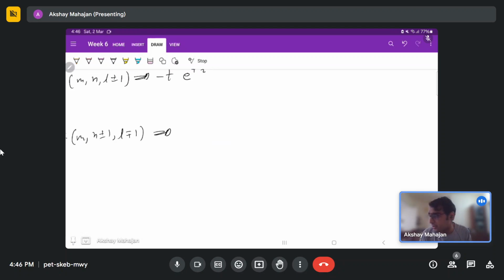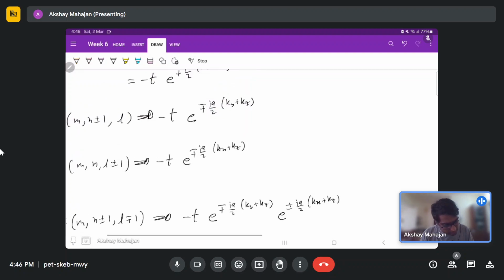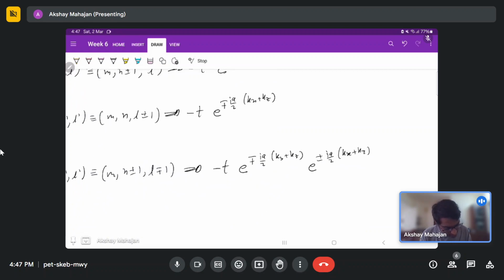So that will give you minus t times e to the power minus plus iota a by 2 ky plus kz and e to the power plus minus iota a by 2 kx plus kz. Basically both of the terms from the exponential will be there. So both these two exponentials will be there now, with n plus minus because we have l minus plus.